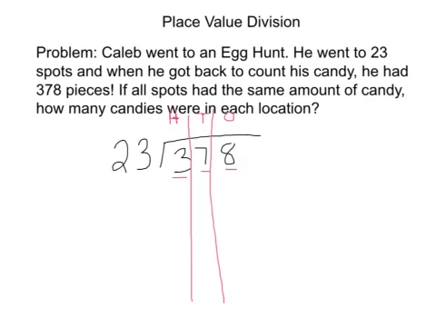So we have our ones, our tens, our hundreds. The first question I need to ask myself is, how many groups of 100 can I multiply by 23, and will that bring me close to 378?